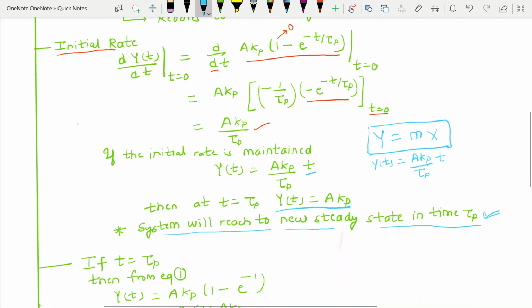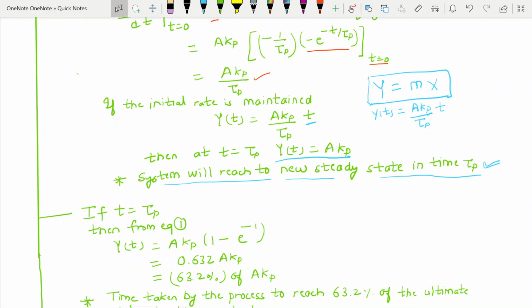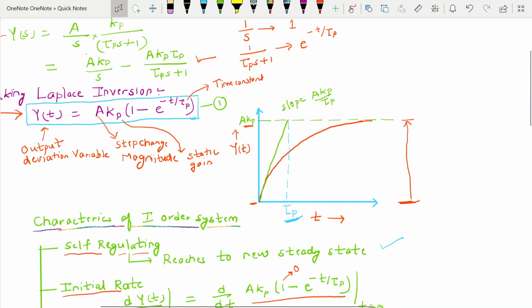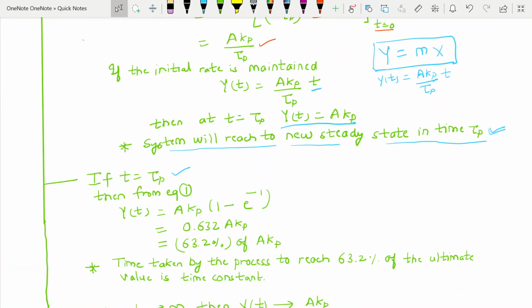Okay, now I will see the third property. When t equal to tau p, अगर हम इस इक्वेशन वन में t equal to tau p put करें, then what will happen?